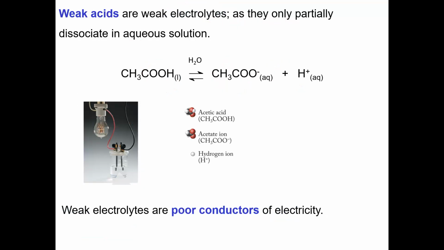Now, of course, in addition to there being strong acids, there are weak acids. And weak acids, such as acetic acid, the acidic component in vinegar, are weak electrolytes. They don't conduct electricity particularly well, and the reason for this is because they only partially dissociate in aqueous solution.